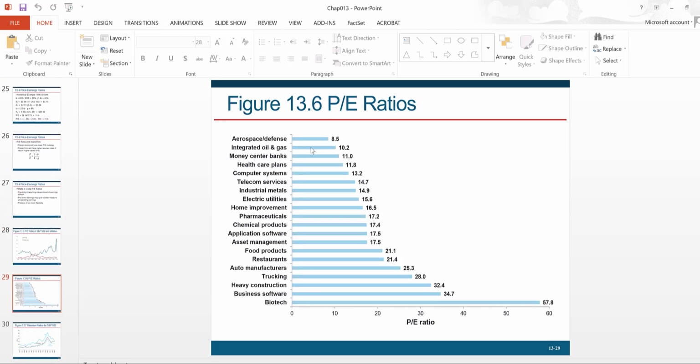Then when you look at the P ratios across industries, this is where we can very clearly see the impact of growth rates on P ratios, right? High growth industries like biotech or software and so on tend to have higher P ratios. So again, the higher the growth rate, the higher the P ratio.